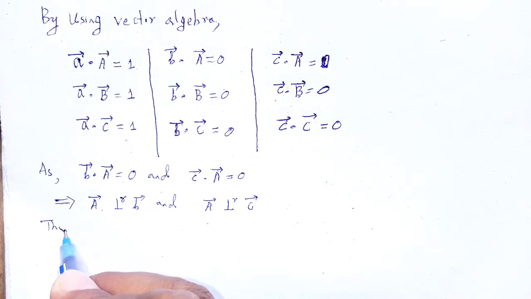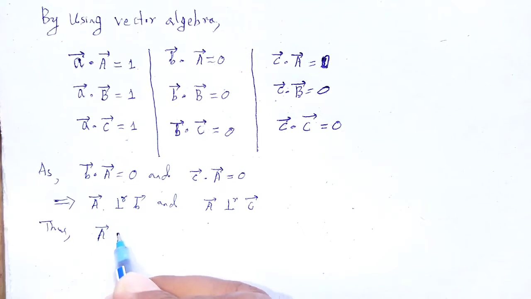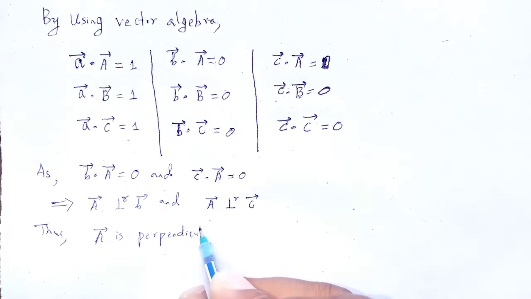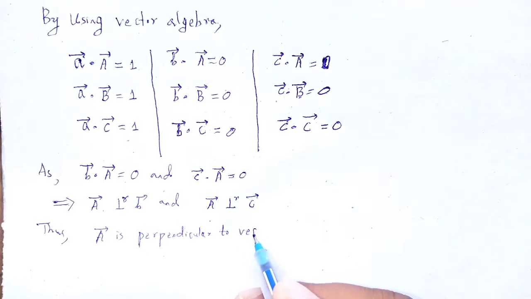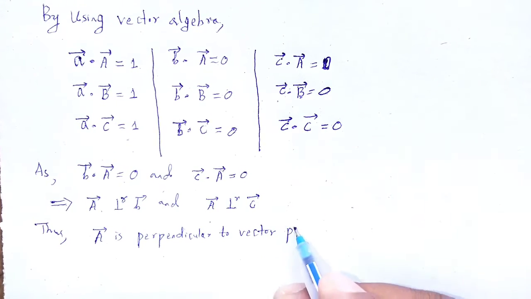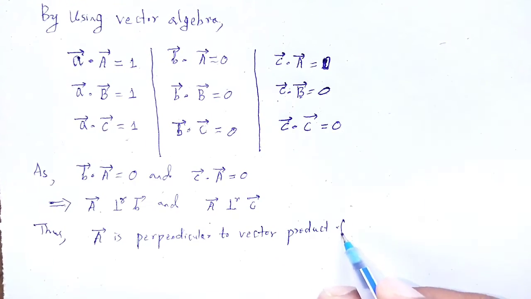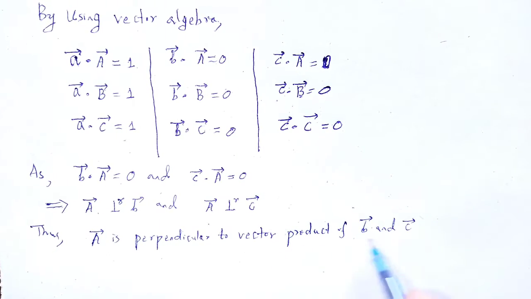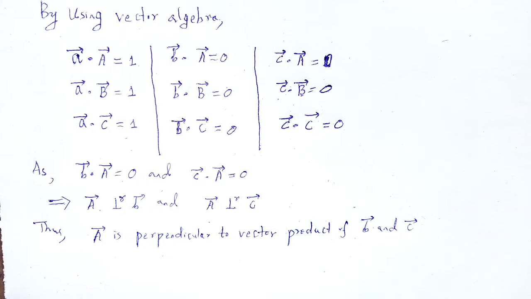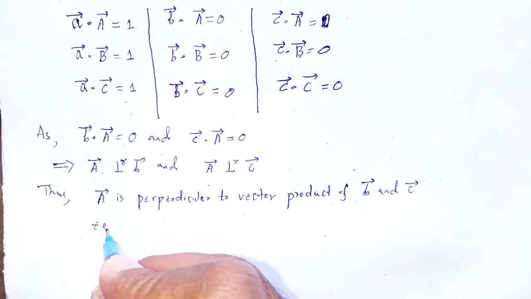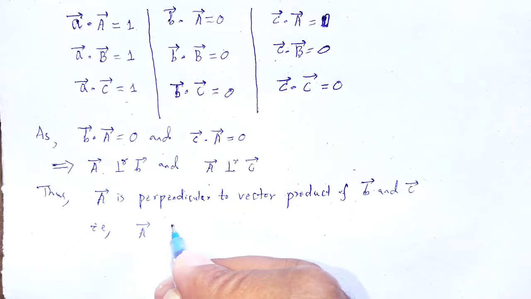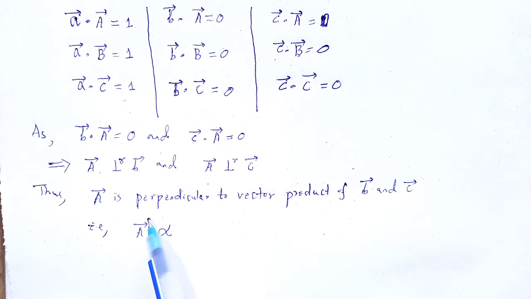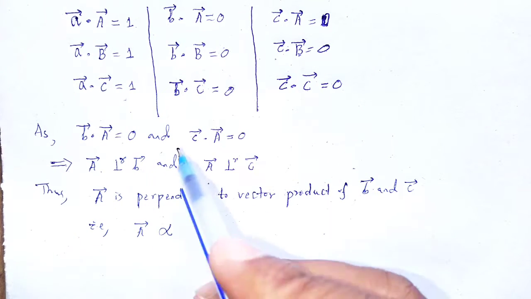Thus we can say that a vector is perpendicular to the vector product of b vector and c vector, the cross product of small b and c vector, that is, a vector is directly proportional, sorry, not perpendicular, a vector is parallel.